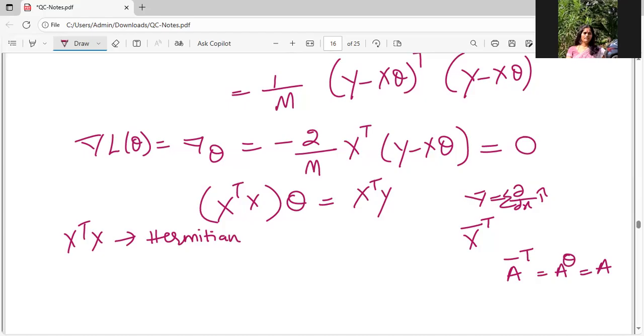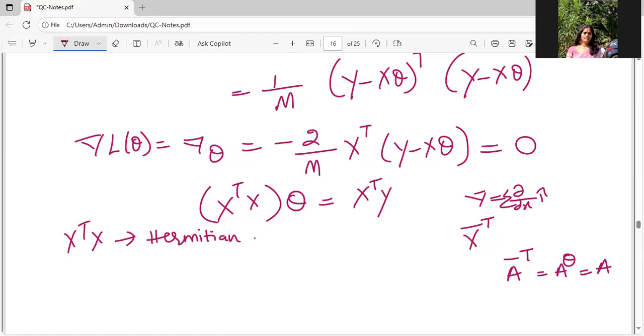If X transpose X is Hermitian in nature, that means what? Till now I have considered things in the real line. Now I'm talking about Hermitian, where things are transforming into the complex plane, and once I talk about things in complex, quantum also comes into the picture.